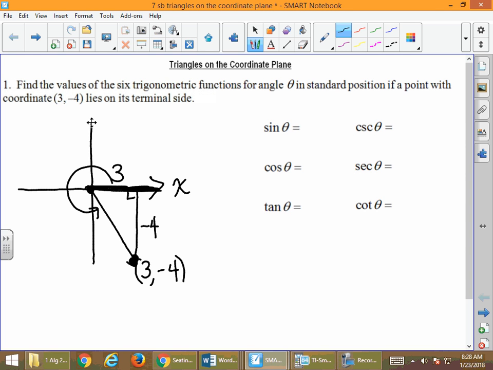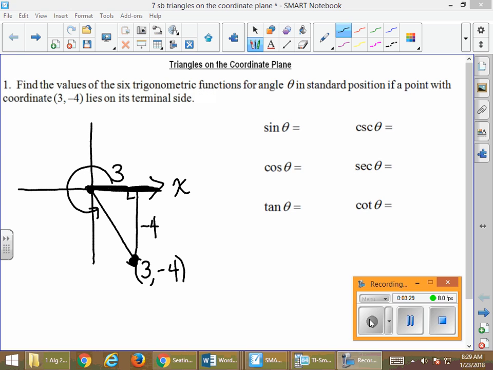And what we need to know is what's the length of the hypotenuse in this triangle? And some of you remember from geometry your special right triangles. But if you don't remember them, then we're going to use the Pythagorean theorem.